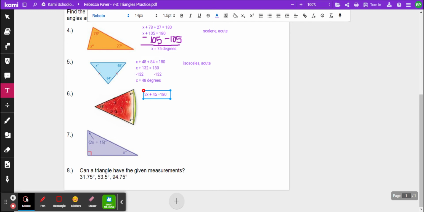For the two-step equation, imagine that the two terms are in houses. 2x is in one house and plus 45 is in the house next door. We always want to get rid of the house next door first, so we're going to subtract 45 from both sides. That would leave us with 2x is equal to 135.